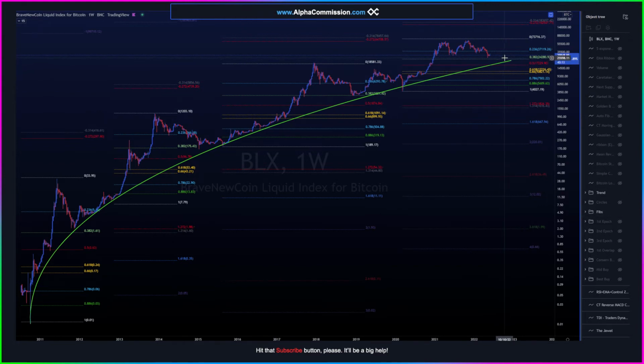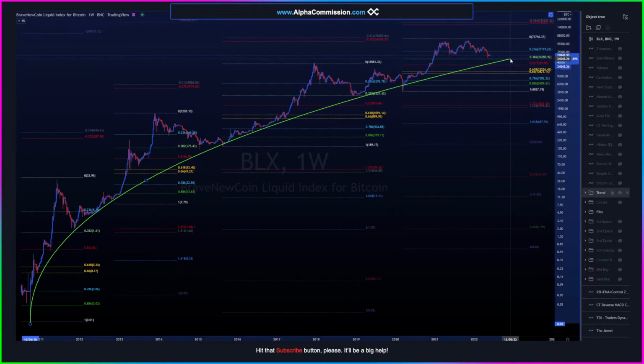Anyway, the last half of 2022, perhaps we do come back and retest this line, right? This might not be drawn perfectly, right? It could be off a little bit, and so it could be anywhere in the last half of 2022 where we come back, we contact this line, and then we generate a new contact point for the next cycle.